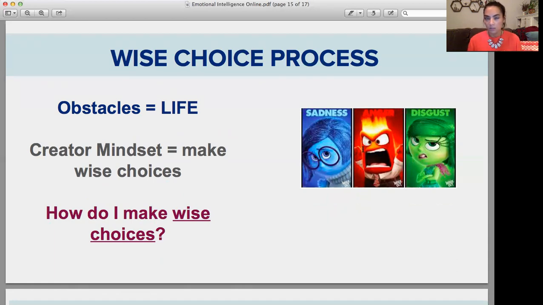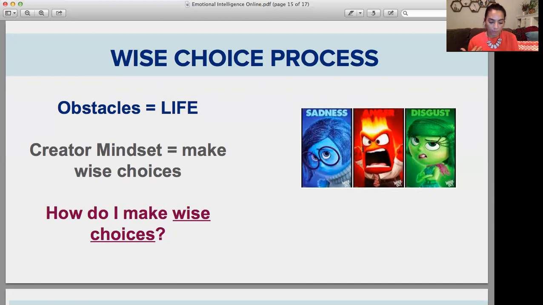They don't want to go from 0 to 100 because we might lose motivation that way, but just with the right amount of energy and pace to make a great choice. So we might ask ourselves, under these obstacles, with all this emotion coming to the surface, how do we make a wise choice?